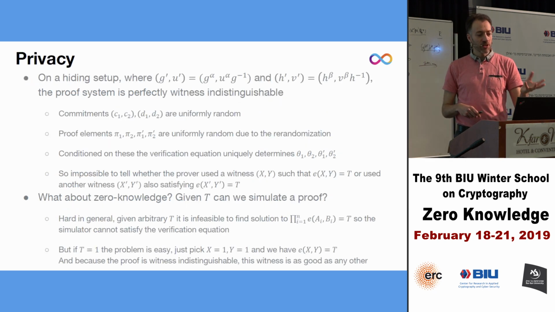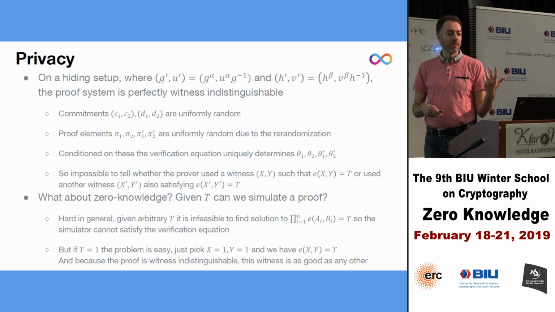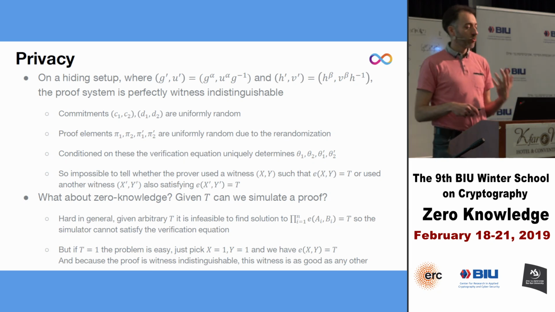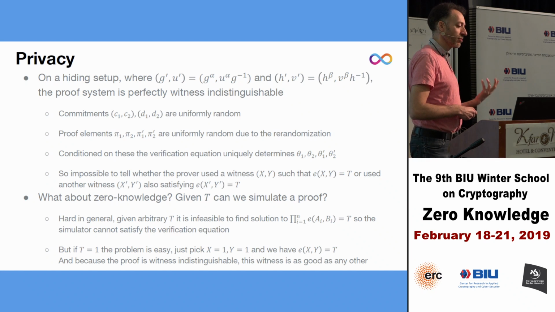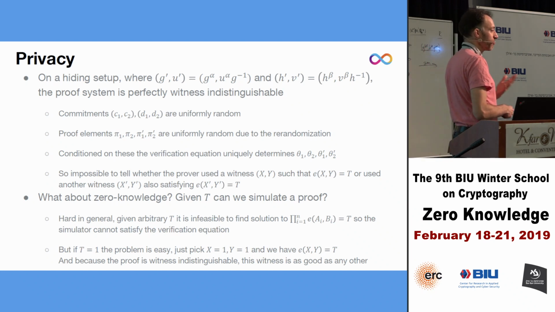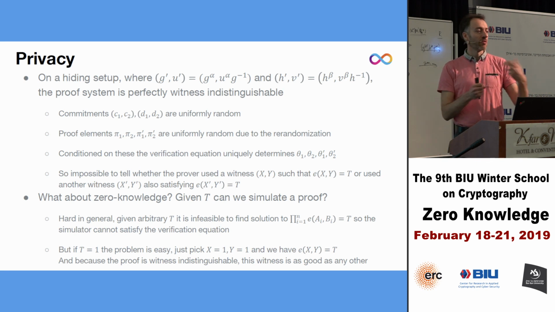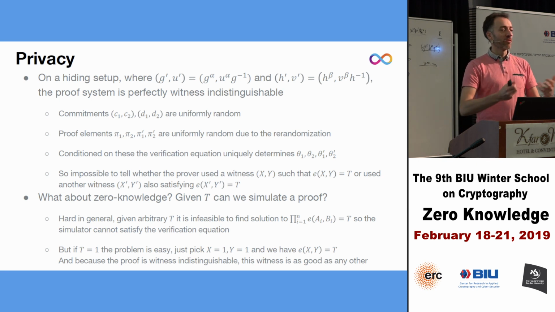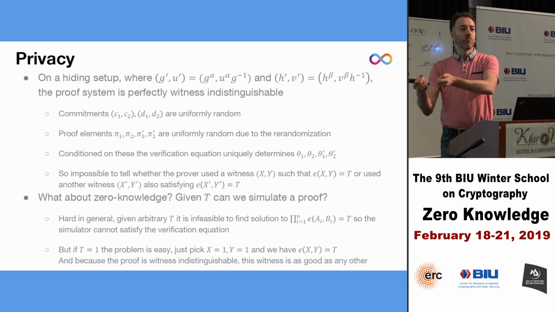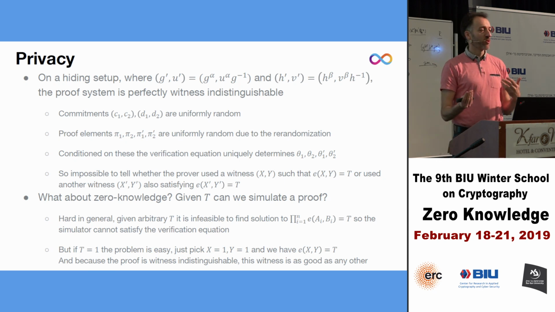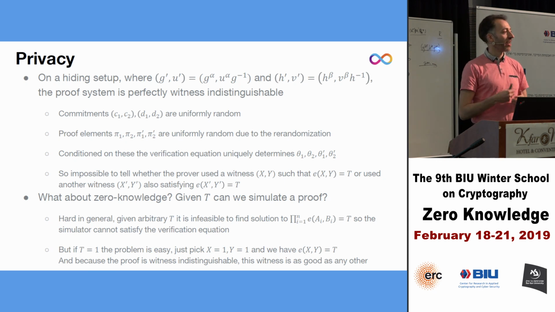Okay? But the interesting thing here is really what happens on a hiding setup. And it turns out if we have a hiding setup, okay, then it's actually perfectly witness indistinguishable. So whether the prover had one x and y, or the prover had some other x prime and y prime, it's impossible for the verifier to tell which one the prover had.